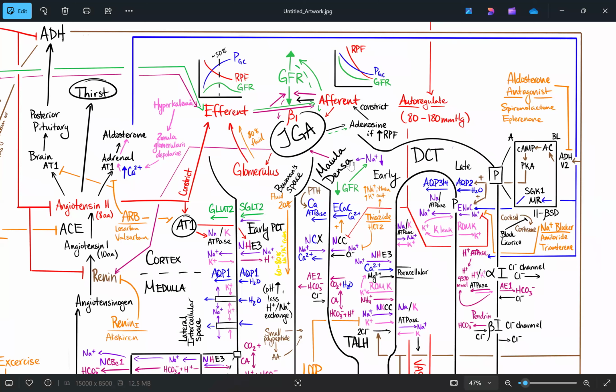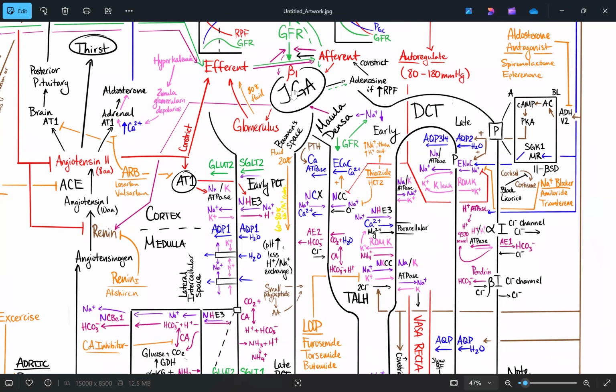If it has a harder time with that, it'll reabsorb less potassium, keeping it in the lumen. More potassium in the lumen will make it harder to pump ROMK out. And if there's more potassium in the principal cells, the Na-K-ATPase on the basolateral side will have a harder time pumping, and therefore affect that transport. Not confirmed, but just again, think about those relationships.